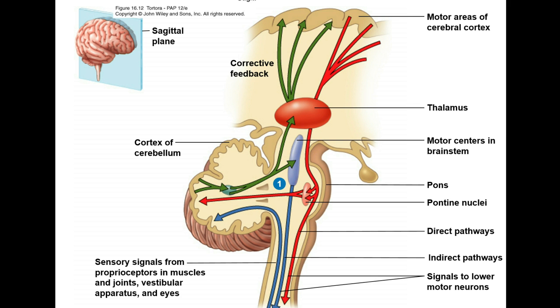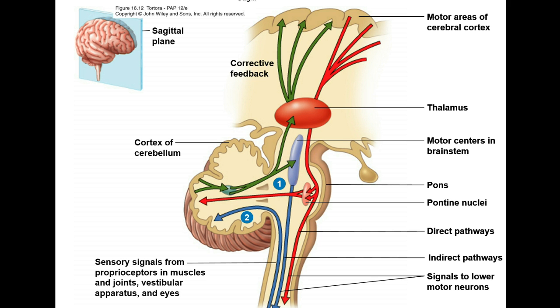So in red, if you look up at the motor areas of the cerebral cortex in red, it's sending its command signal down, and it will go all the way down and connect to the lower motor neurons, but there's a little bypass that occurs right in the brainstem region, right around the area of the pons. And that little bypass, that red bypass indicated by 1, will go to the cerebellum, and the cerebellum will begin to analyze what the intention for movement was.